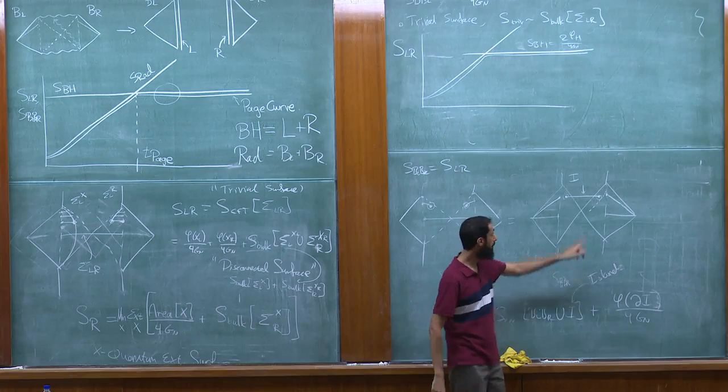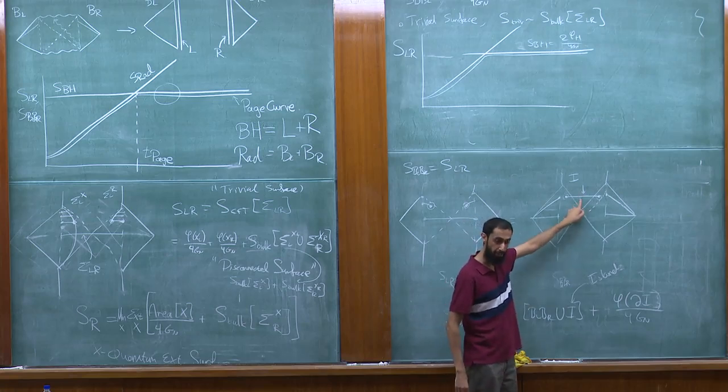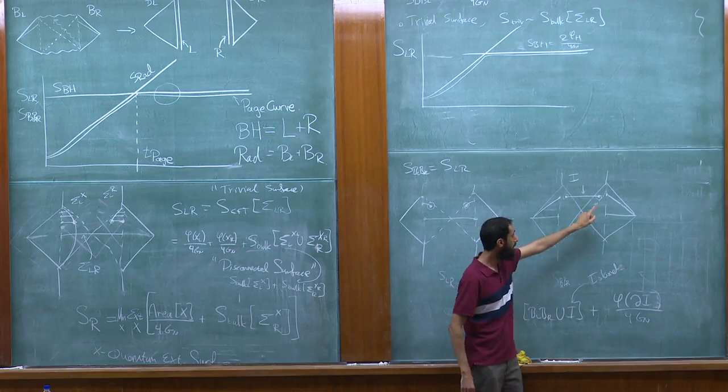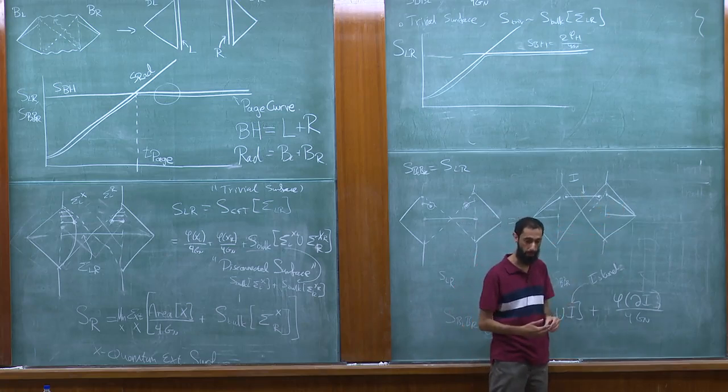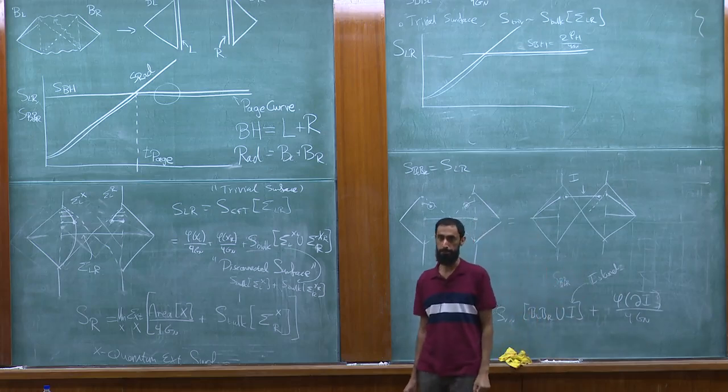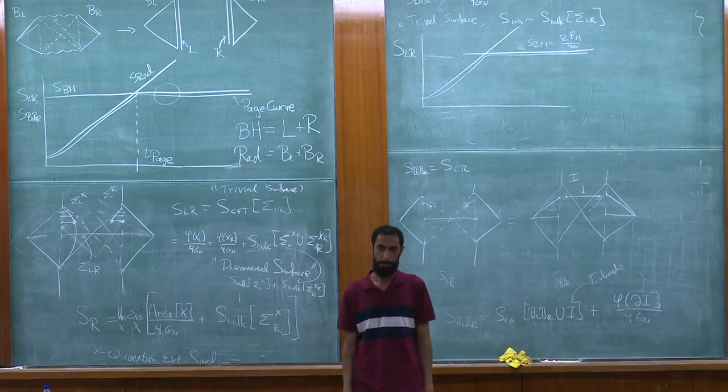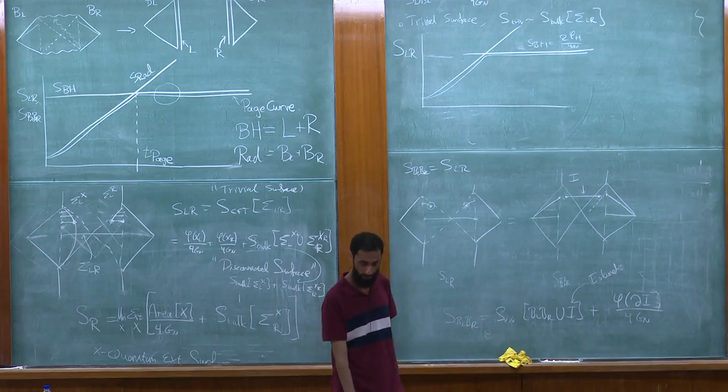That the operator that changes the state of this qubit here can be mapped to an operator here. So it establishes a dictionary. So that whole Hilbert space, or to the extent there's a Hilbert space in the middle, is entirely created by the outside.